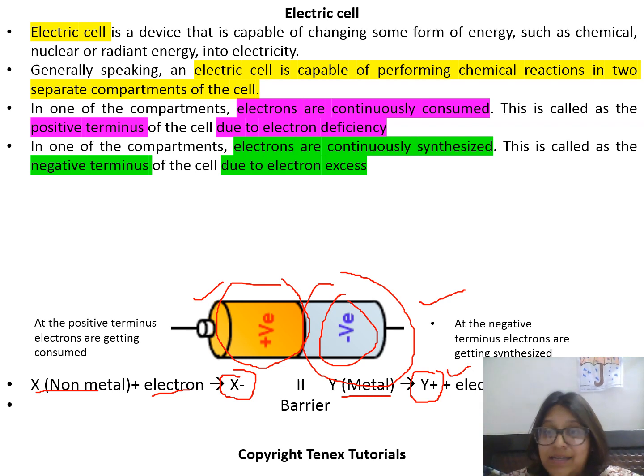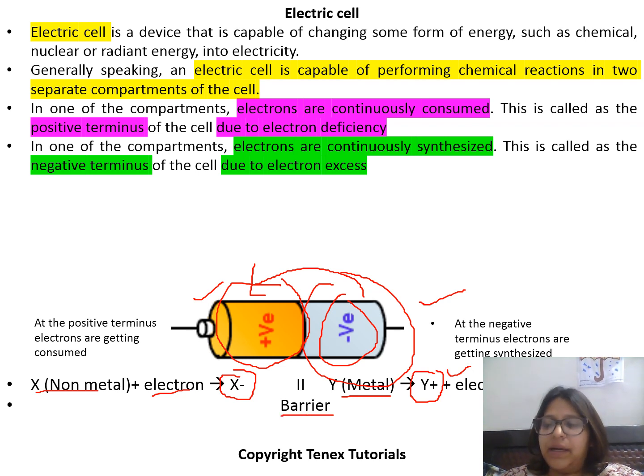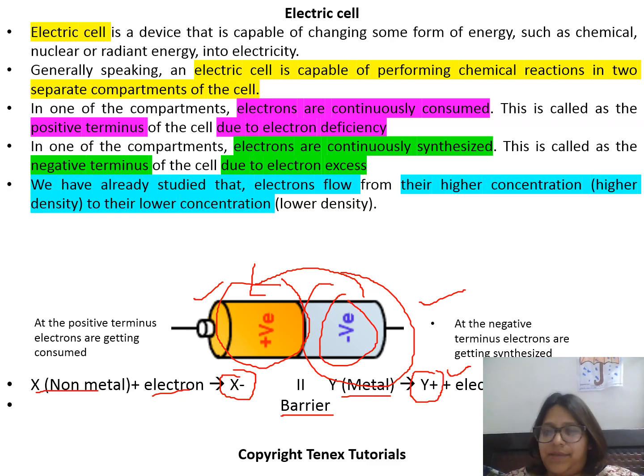That essentially means electrons should flow from the negative terminus to the positive terminus, but actually this does not happen. The reason is that there is a barrier between the negative compartment and the positive compartment of the cell, which stops the transport of electrons within the cell. So now what happens?